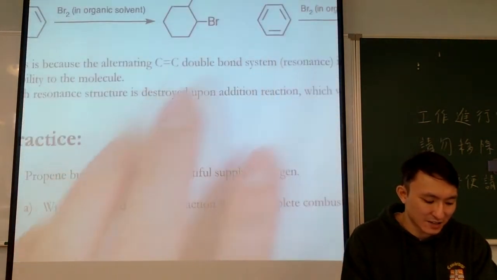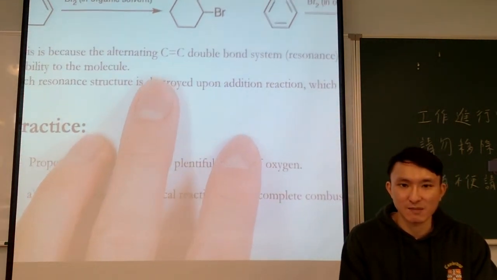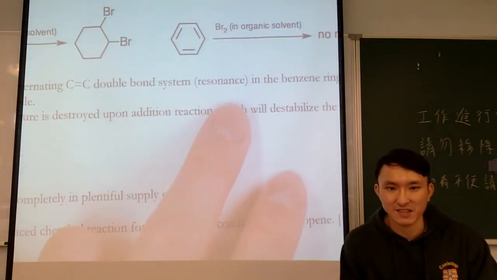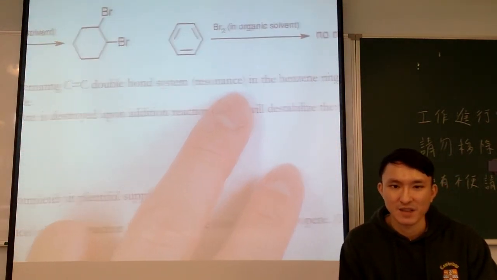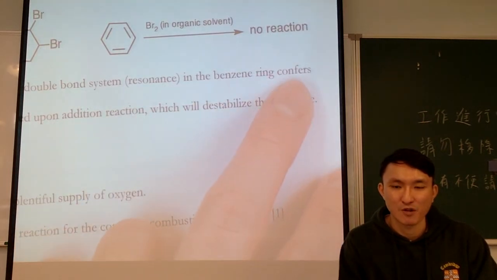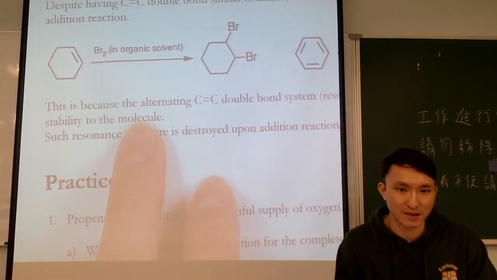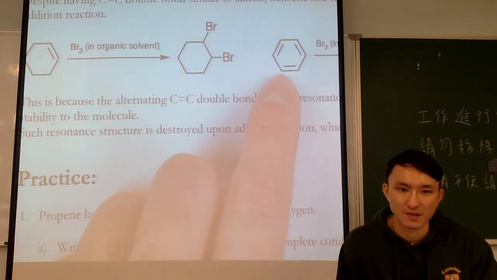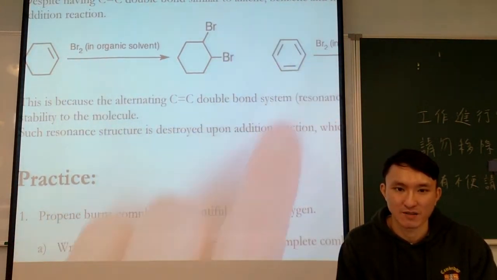The reason is that this alternating CC double bond system, or we call it the resonance system, is actually providing extra stability to the molecules. So this one is very stable because of the alternating CC double bonds.